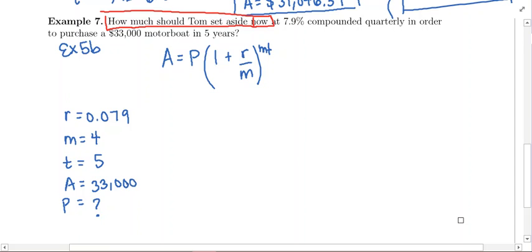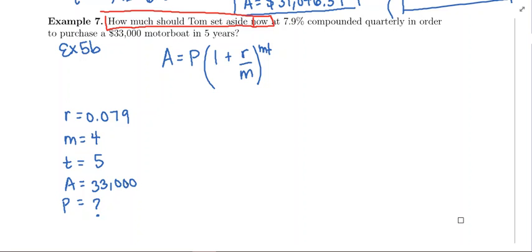In an earlier video, we discussed how you could think of P as the present value, right now, and A as the future value, or your account balance in the future. So we're trying to figure out how much he should invest presently to have a future value of $33,000.